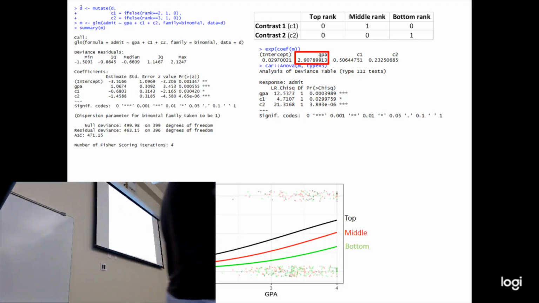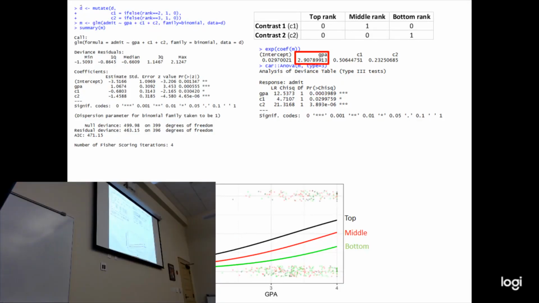So first, considering this coefficient for GPA, the odds ratio for GPA, someone want to give a shot at describing in words what this coefficient means? Is it an increase in 1 unit GPA increases the odds of admission 2.9 units across the levels of rank?